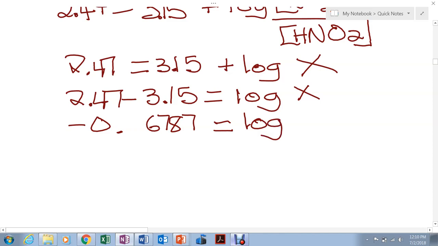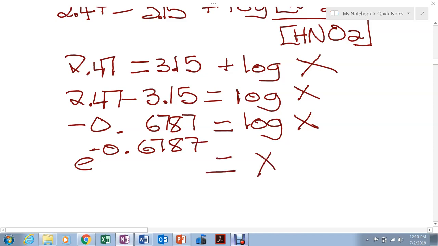And if you want to find out the value of X, which is this ratio, it is going to be 10 to the minus 0.6787. Then you eliminate the log, and it would be X. Okay, and X gives you 0.2095.